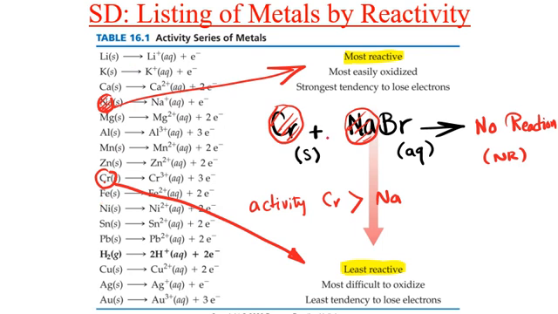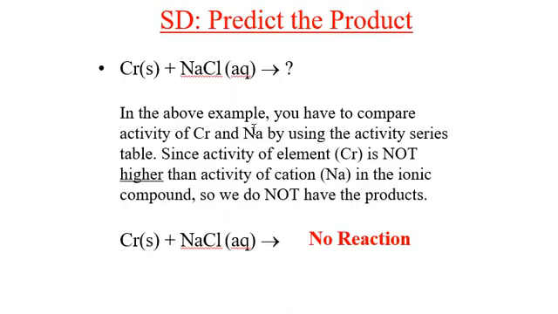Assume that we have this question on your exam. To answer that one, you check chromium and sodium, and in the activity series table, chromium has less activity than sodium. That is why we say no reaction. So we do not have any reaction for this example.